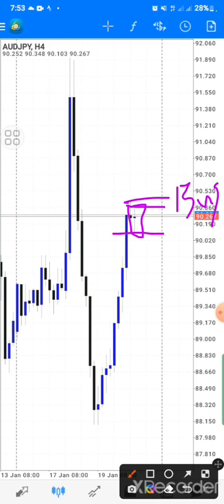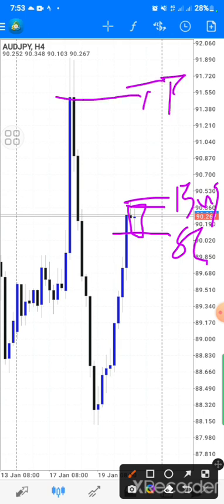You make here your stop loss. You can take your profit here, or you secure your profit around here, then leave the market to play. That's very, very simple.